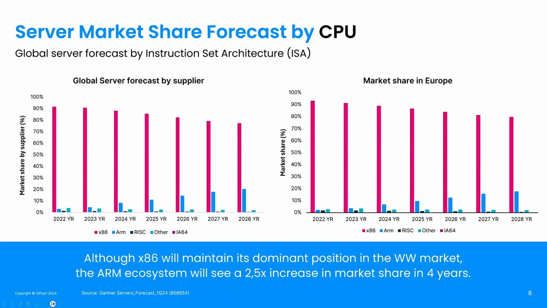At the same time, ARM, which was quite low in 2022, will rise up to approximately 20%. So what happens is that ARM is taking market share partially from Intel, but also from the other ISA. And we can see this kind of market share shift, with less revenue of course, even in Europe. Same trend.